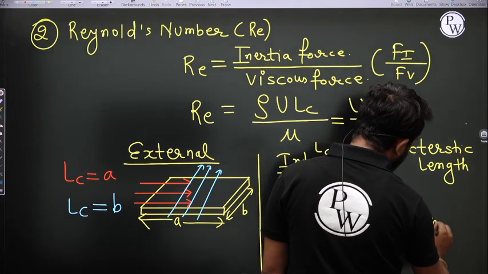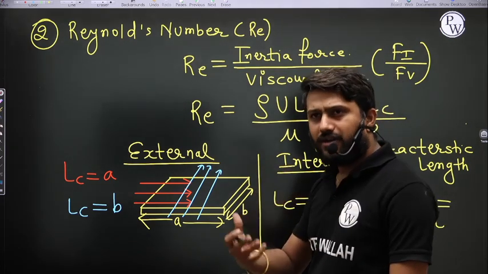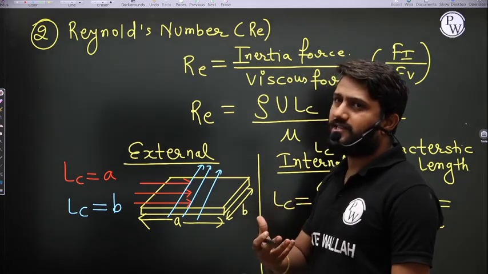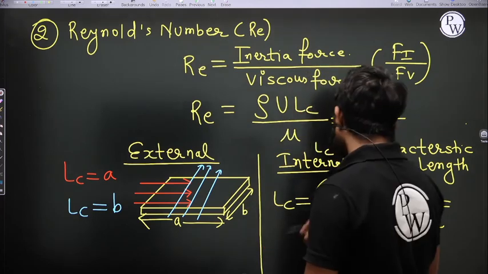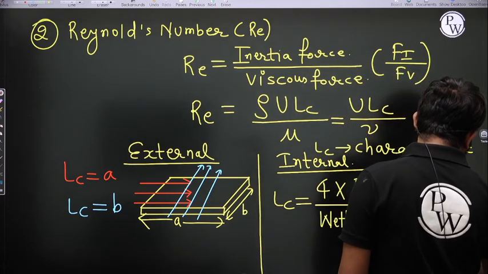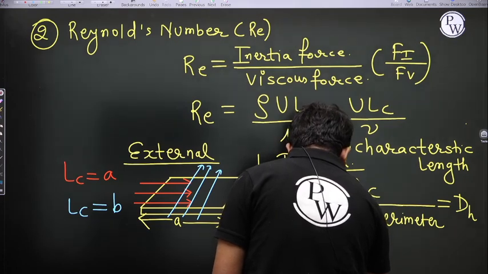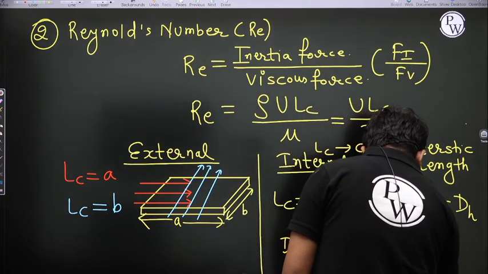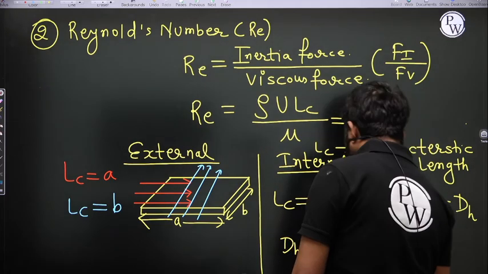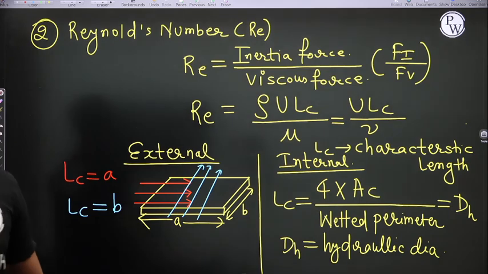This is the Lc. And in case of a non-circular conduit, this Lc is also known as dH. This dH is also called hydraulic diameter. Is it fine? Is it clear?